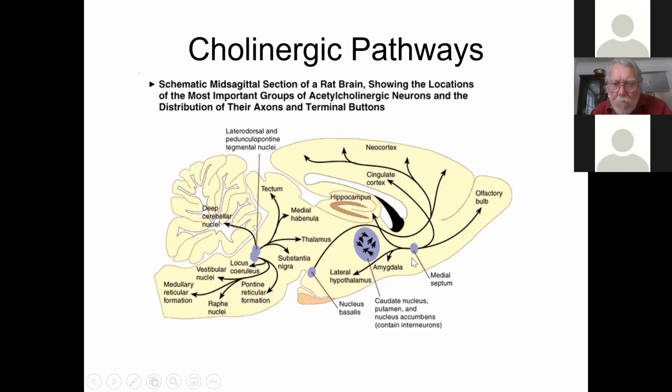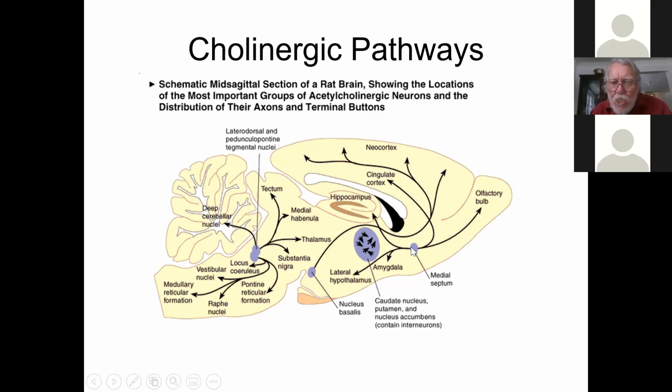cholinergic input into the cingulate gyrus that will join the input that the AV nucleus of the thalamus provides for the cingulate cortex. So you're activating this part of the limbic system.